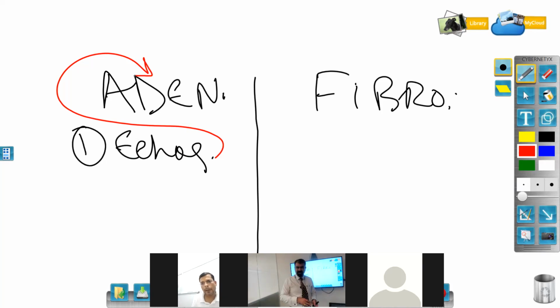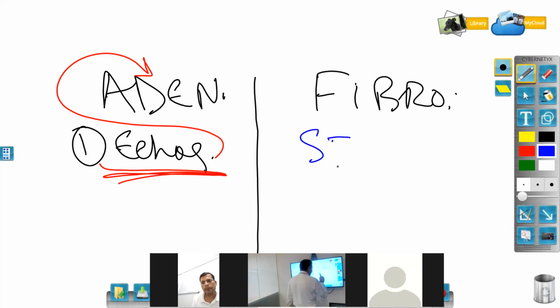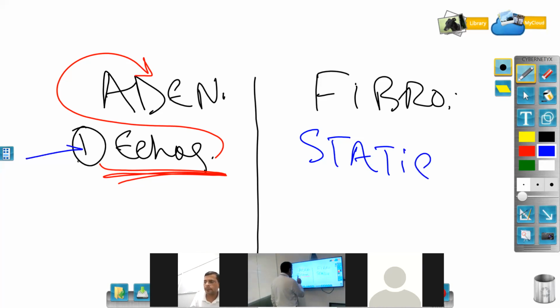When the patient bleeds, this will also bleed. So the echogenicity will change, which is already on the server. But in fibroid, it will be static. So this is a very important point, the echogenicity.